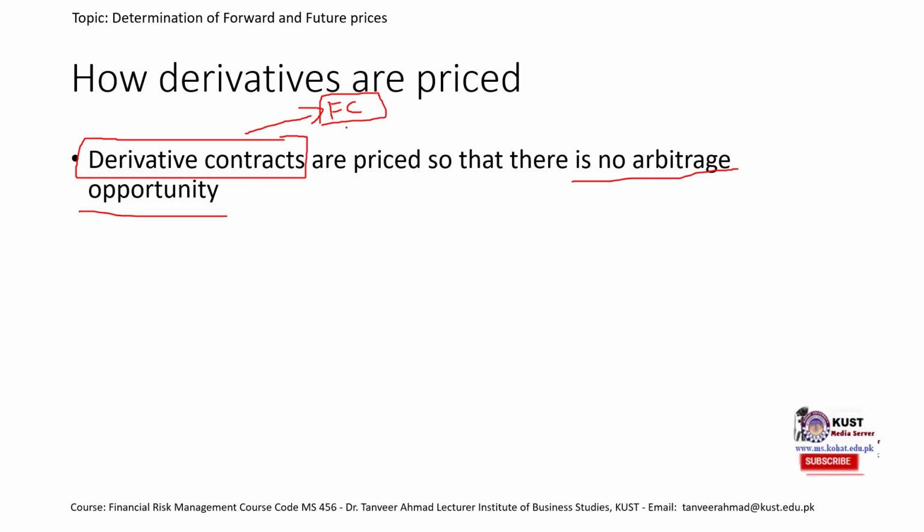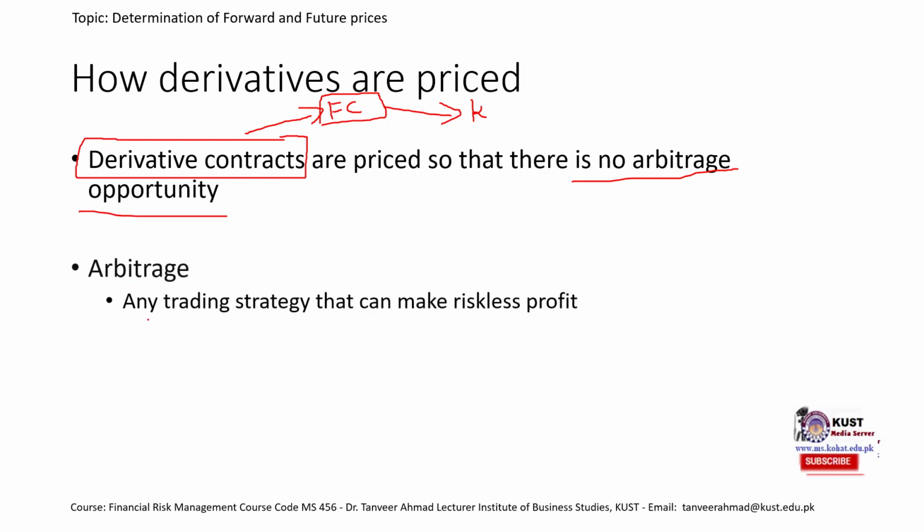So the forward or future contracts are priced, their K value is determined in a way that does not leave the investors with any arbitrage opportunity. And we somehow have an idea of what arbitrage opportunity is, and if you remember, it is when the trader or investor can earn a riskless profit.